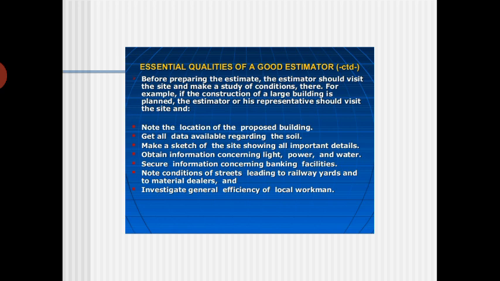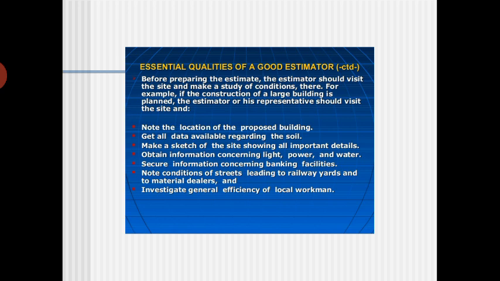Next, secure information concerning banking facilities, whether they are there or not. Then the streets leading to railway yards, the material dealers, and whether we are getting materials easily or not. Otherwise, if we are getting the construction materials from far away, you have to include a lot of extra cost.